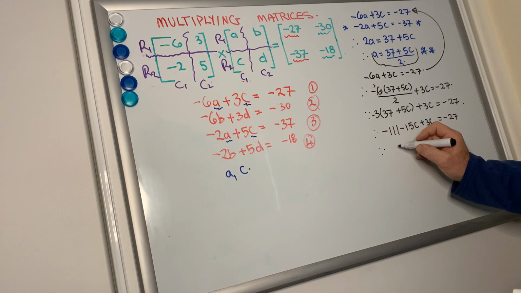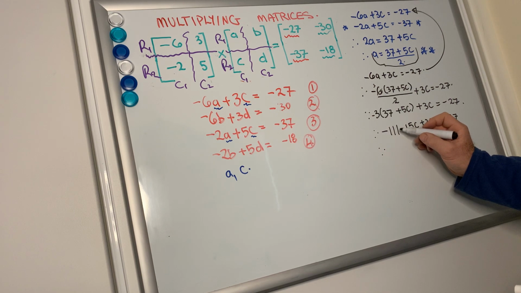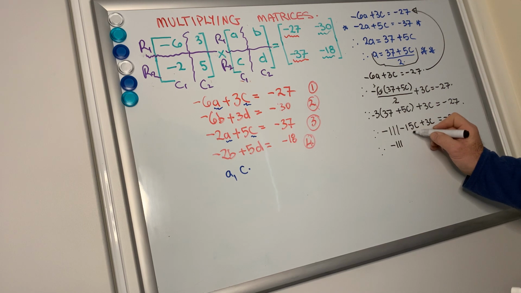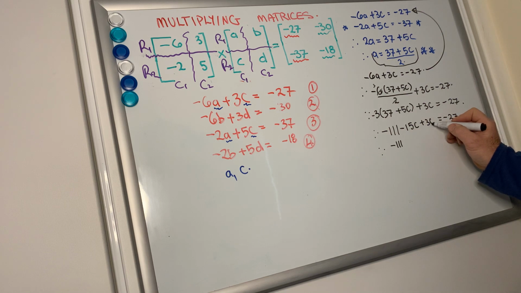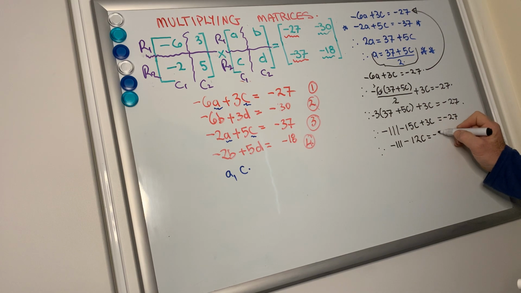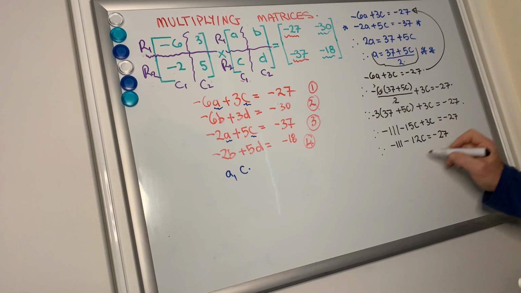Therefore, I can say minus 111, minus 15c plus 3c is minus 12c, equals minus 27.